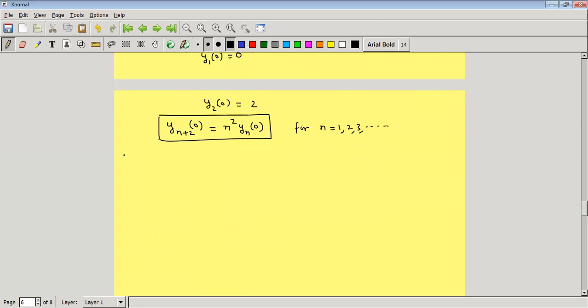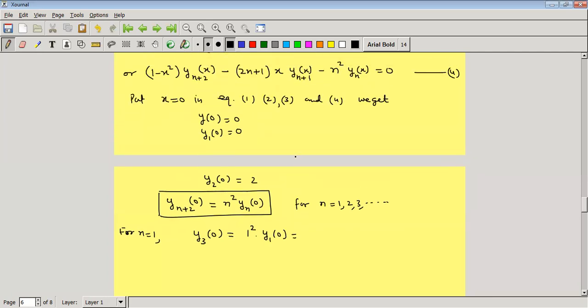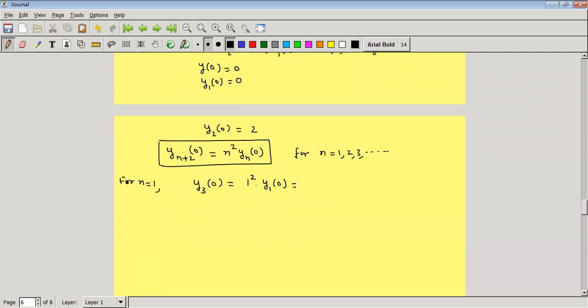Now put n equal to 1. For n equal to 1, y3(0) is 1 square into y1(0), and y1(0) is equal to 0. So we get 0. For n equal to 2, y4(0) is equal to 2 square into y2(0), and y2(0) is equal to 2.